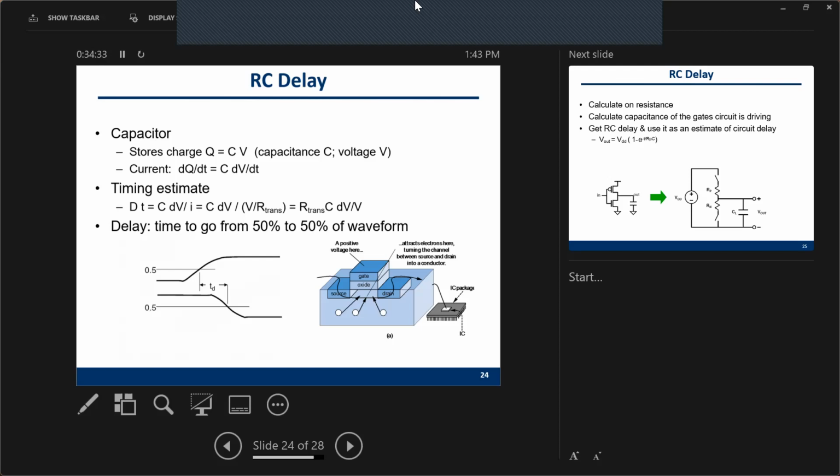The RC delay means that I change the input here from 0 to 1, but I cannot see this change on the output immediately. It has some delay, and this delay is the so-called RC delay.